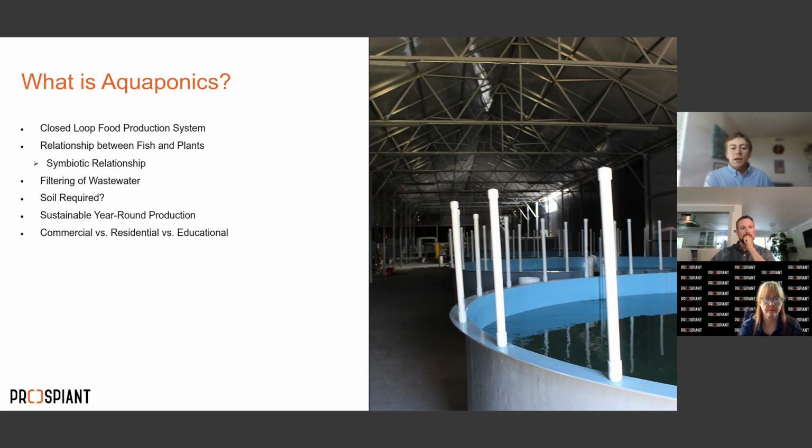And then the plants, which is typically produce that could be lettuce, tomatoes, any type of vine crop, are essentially cleaning that wastewater by uptaking the nutrients and filtering it back into the fish, whether that be in tanks, raceways, several different ways to actually grow the fish. And it's a symbiotic relationship that is able to be done year round.